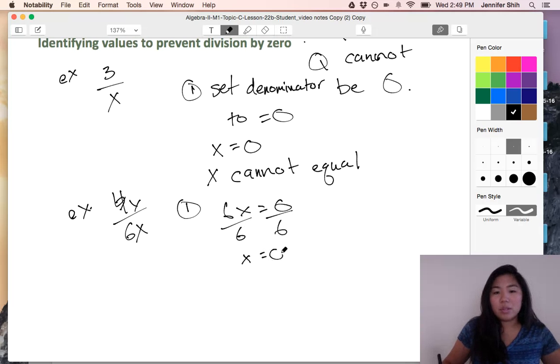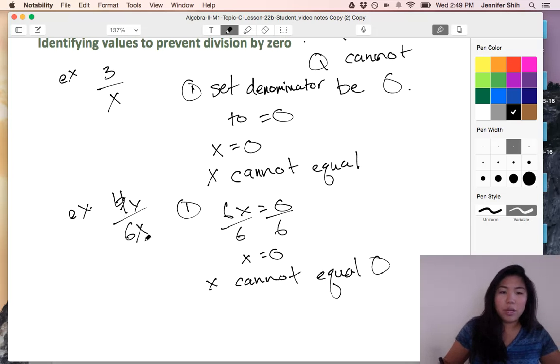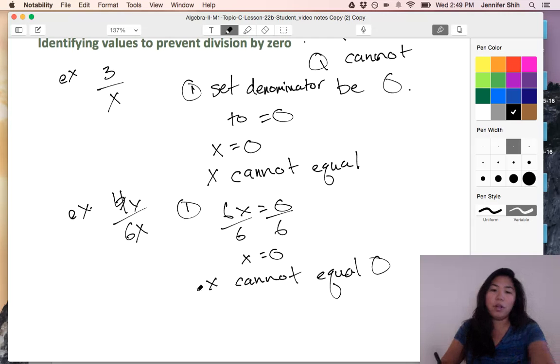And we get x is equal to 0. That means that any number we plug into this expression will work, except x cannot equal 0. If x is equal to 0, then the denominator becomes 0, and then we have this indeterminate form of some function over 0, which doesn't work.